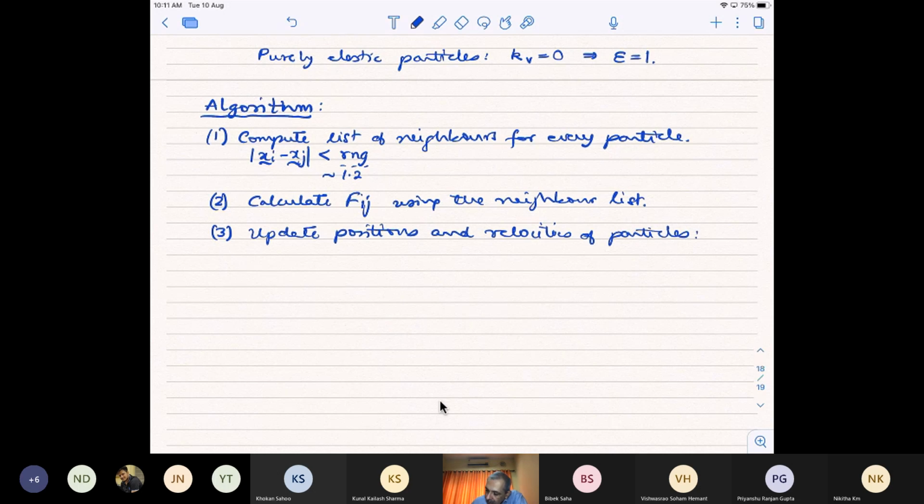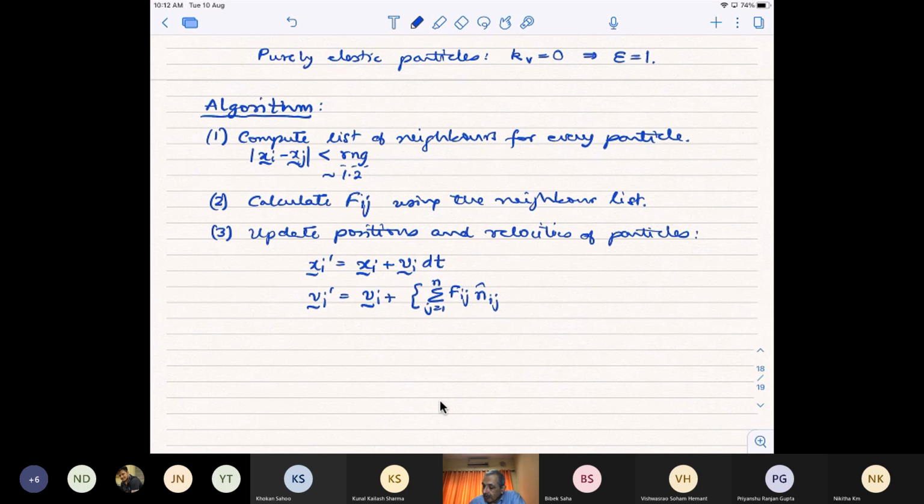using this equation. Like the new position xi prime is just going to be xi, and then vi prime is equal to vi, plus the sum over j going from 1 to n of Fij times Nij, where Nij is the vector along the line joining the centers.